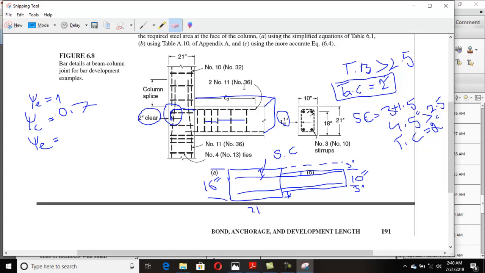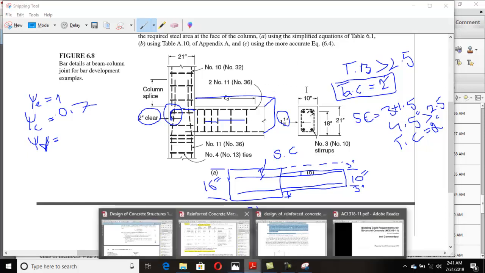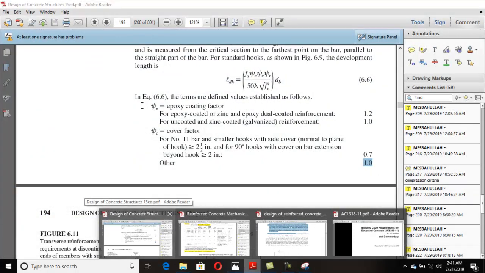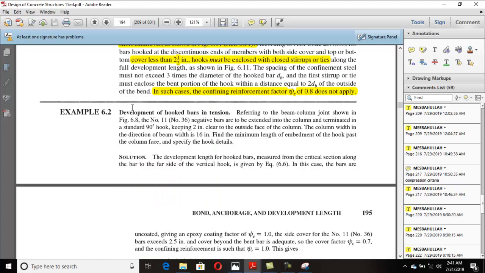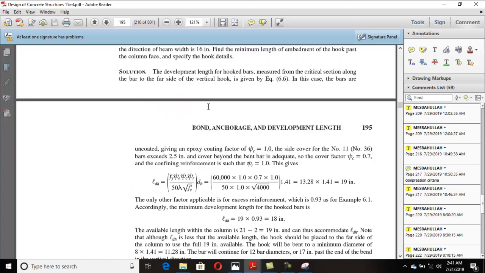Now we have to select our psi R factor. As it is a discontinued edge, you must remember the beam is discontinued here, and as you will see the side cover is increasing from 2.5 inch, not less than the discontinued edge.